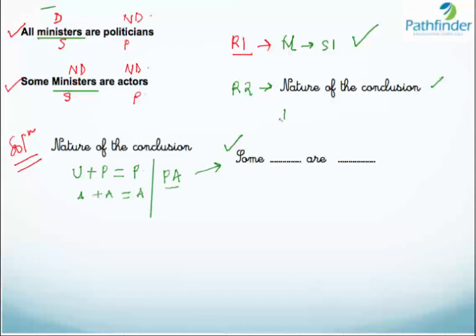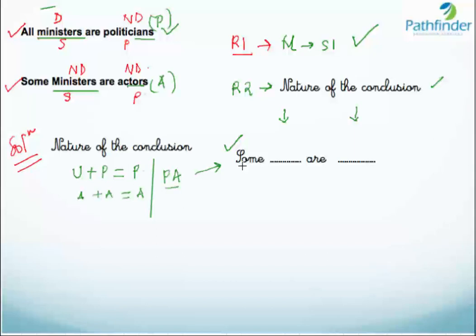And these two blank spaces will be filled with one of the two remaining terms. What are the two remaining terms? The two remaining terms are politicians and actors, and we can see none of these two terms are distributed. So we can write P for politicians and A for actors.